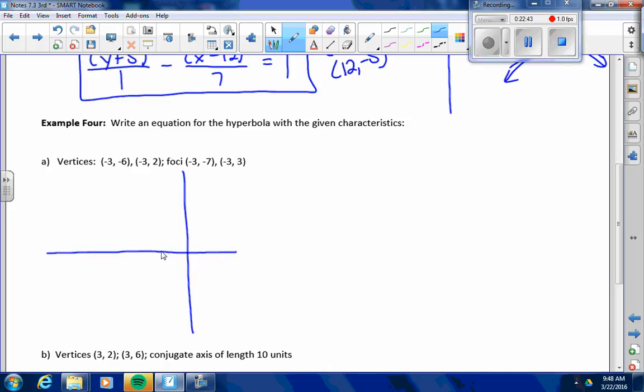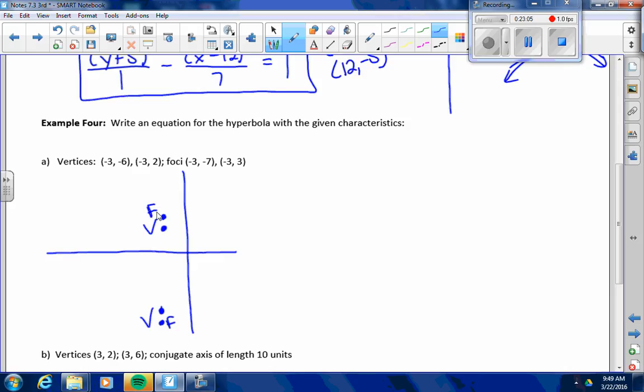Negative 3, negative 6, and negative 3, positive 2. The foci are at negative 3, negative 7, and negative 3, positive 3.